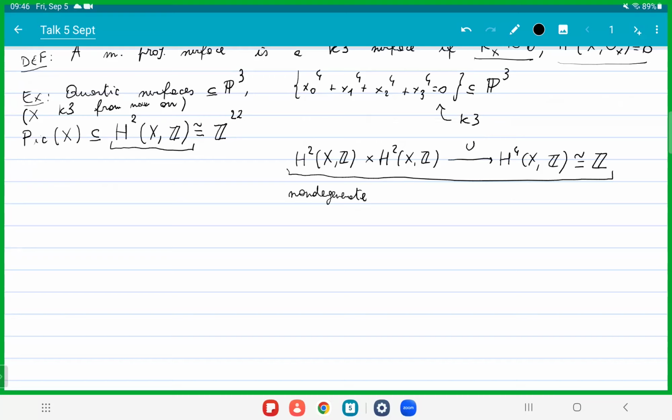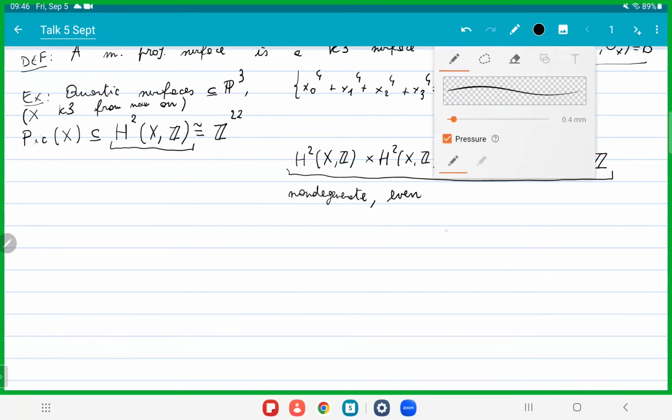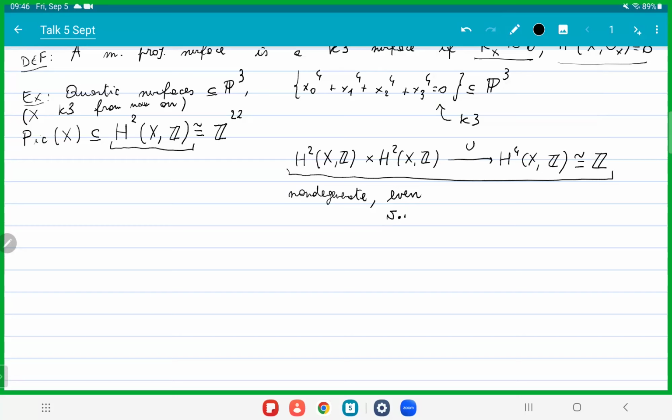So it's non-degenerate, it's even. Even simply means that if we take a vector and we couple it with itself, I'm just going to use the usual K3 surface notation, so I'm going to write down the product as a dot, V dot V is always an even number. And we also know its signature. The signature of a bilinear product is pretty easy.